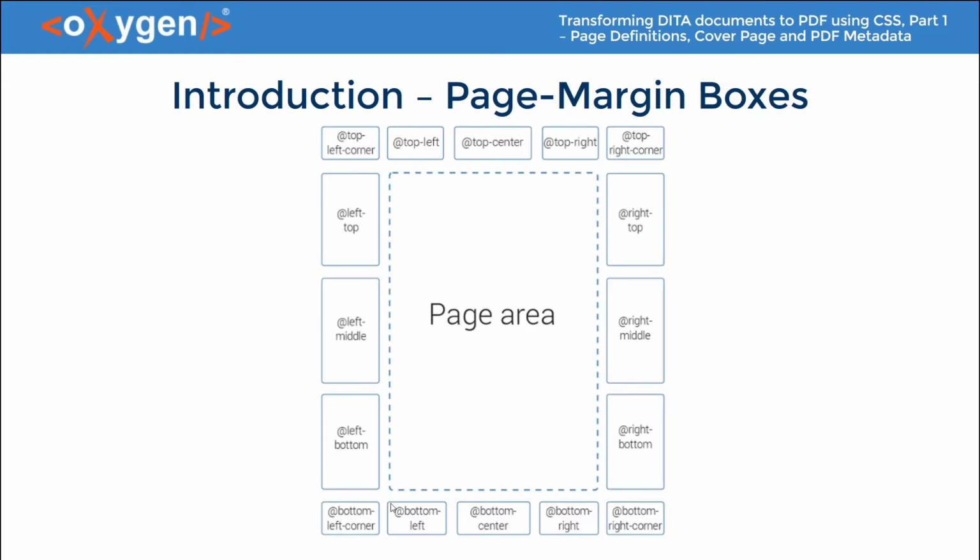And the page margin boxes are all around the page area, and this will contain some extra information which can already be defined in the CSS and which is usually added in the PDF contents. For example, the page numbers, the chapter names, or the publication title, etc.